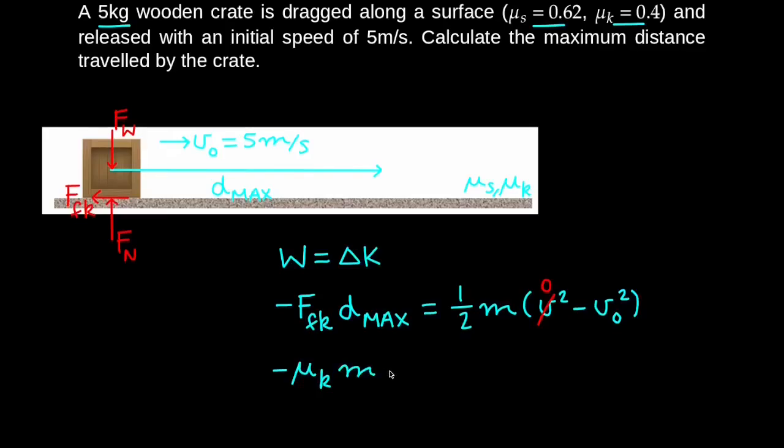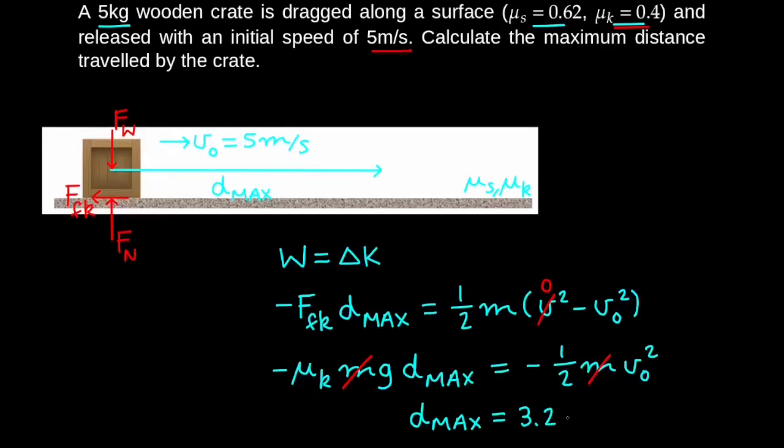So that would be the mass by gravity, and then by d max is equal to minus 1/2 m v0 squared. And if we cancel out m and substitute for the kinetic friction coefficient and the initial speed, then we can calculate d max, which is 3.2 meters.